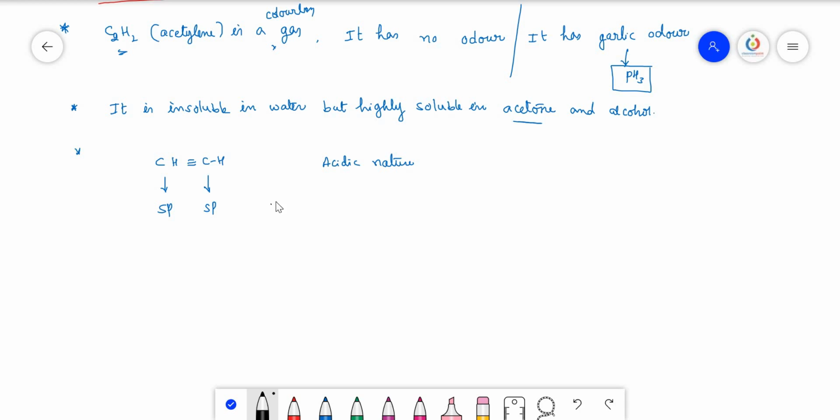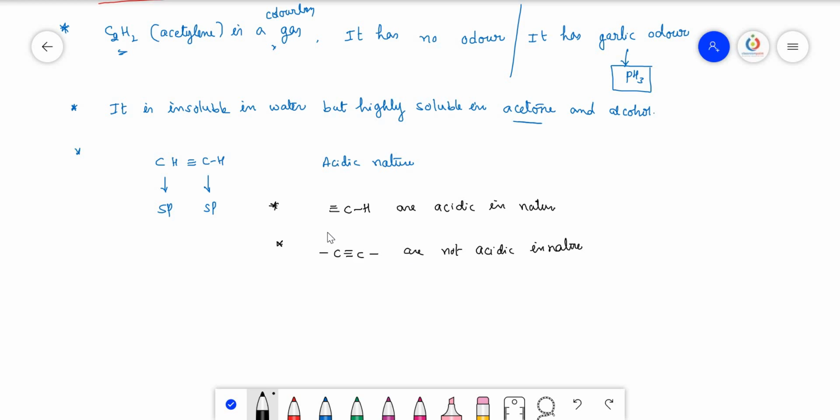You must remember that alkynes having the triple bond CH are acidic in nature, and alkynes which do not have that group but have this type of group are not acidic in nature.